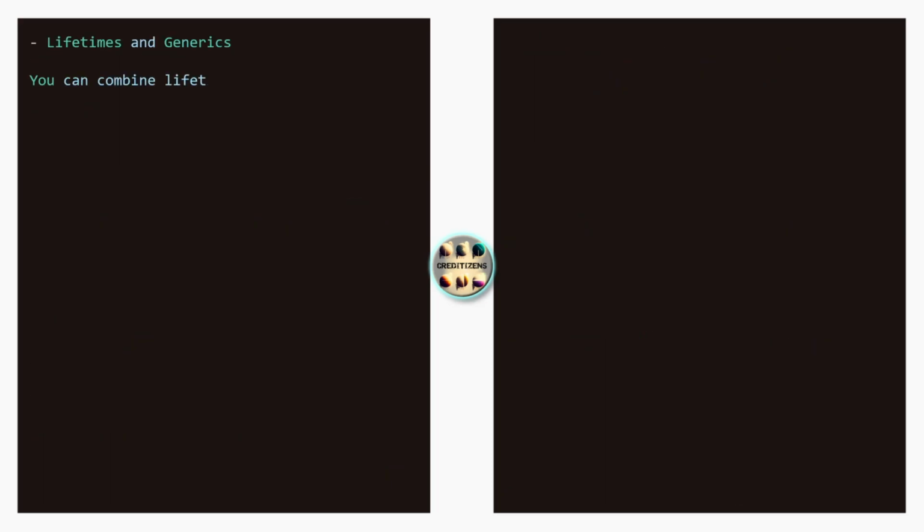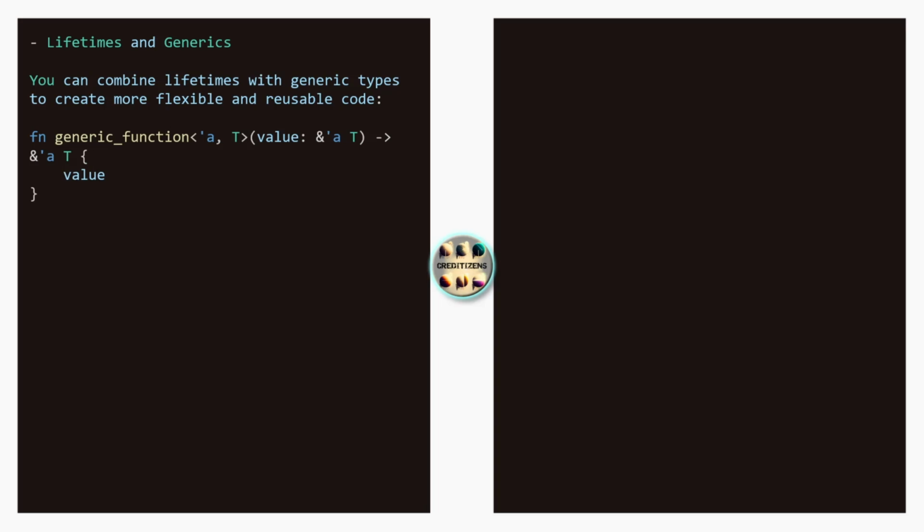Lifetimes on generics. You've seen generics, so we can talk about it a little bit now. You can combine lifetimes with generic types to create more flexible and reusable code. Here, in this generic function, we have a lifetime A, which is linked to the T type. The value passed to the function is a reference to the T type, with the lifetime given by this notation with a single quote A, and the return value is also linked to this type.